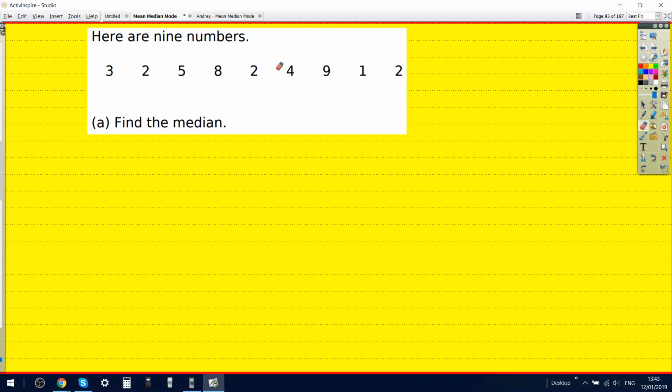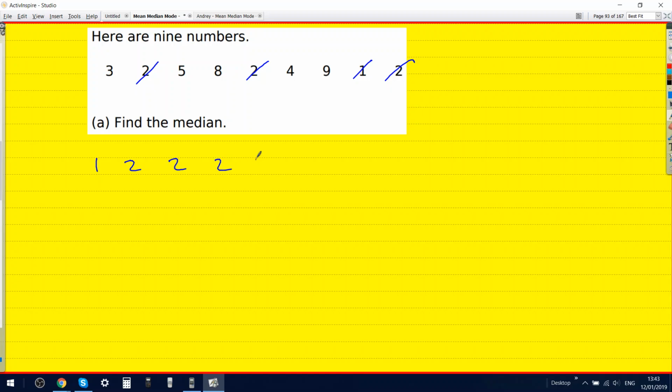That 2 isn't in the middle. Yes, there's higher and lower. So what would you have to do with this one? You'd have to rearrange it in order. So 1, 2, 2, 2, 3, 4, 5, 8, 9.